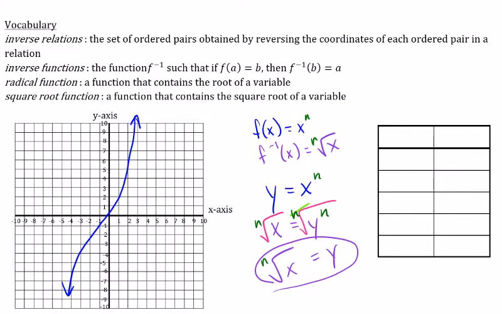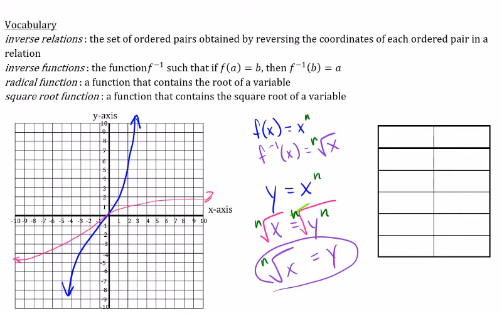So if you just have an odd power function, that's going to be a one-to-one function, because not only does it pass the vertical line test, but it also passes the horizontal line test, like we talked about when we talked about one-to-one functions, right? There are no horizontal lines that cross. So when you get the inverse and basically you swap, it's also going to pass the vertical line test, right?